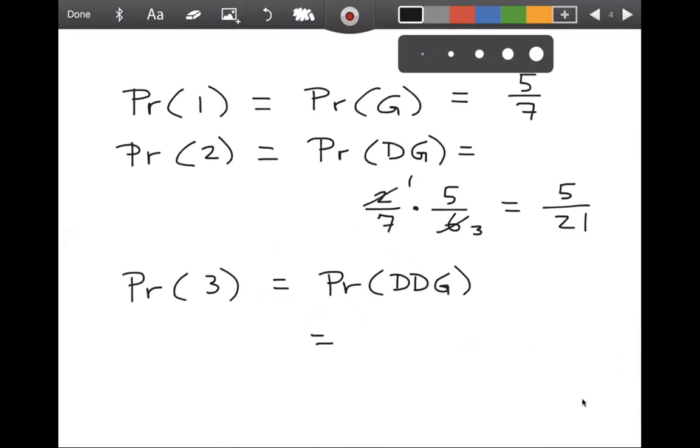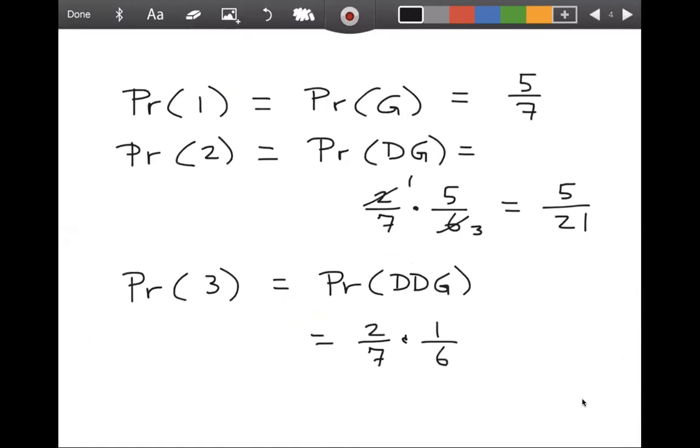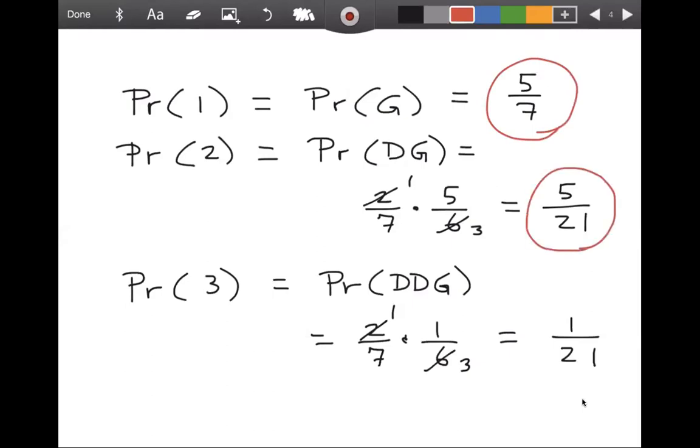So 2/7 times 1/6, which is 1/21. So there are our 3 answers. The probability of picking 1 bulb is 5/7. Probability of picking 2 bulbs is 5/21. The probability of picking 3 bulbs is 1/21.